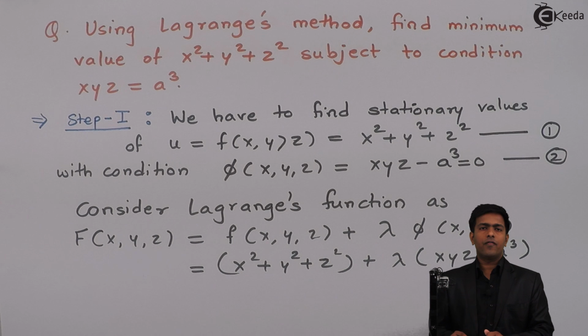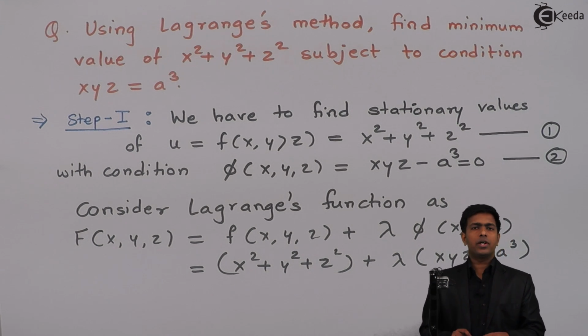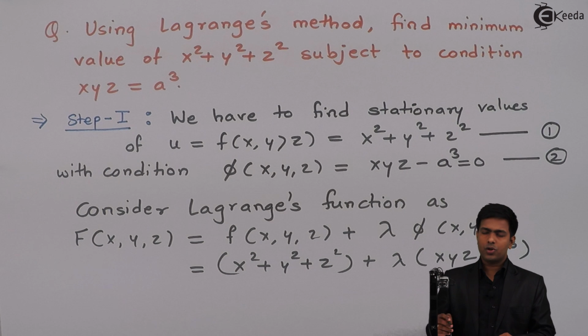Now from this we will find out the value of dF, and then we will equate that dF equal to 0 to get the equation number 3, and by solving equation 1, 2 and 3 we can get the stationary value, that is the value of x, y and z.